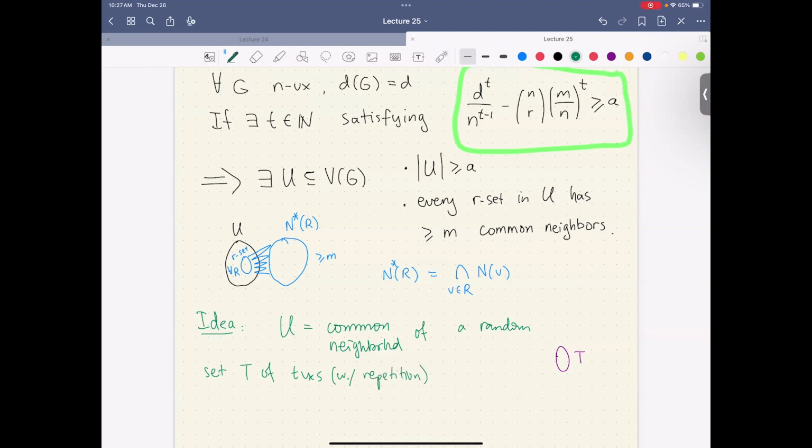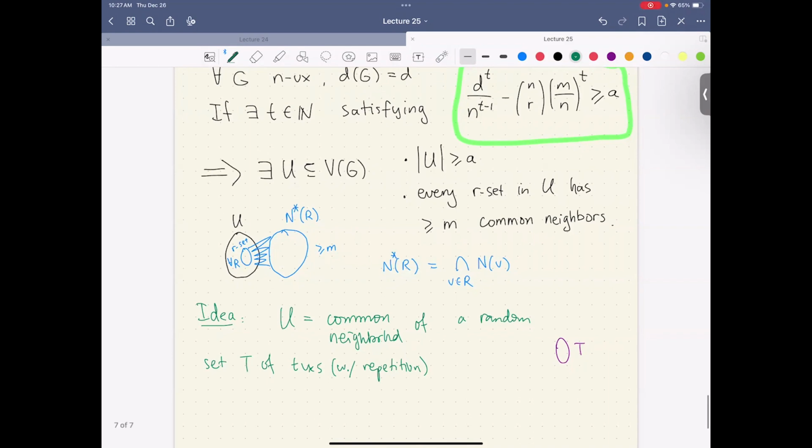This is for the ease of computation. So we choose a random set, and our U will be its common neighborhood. So this is U.